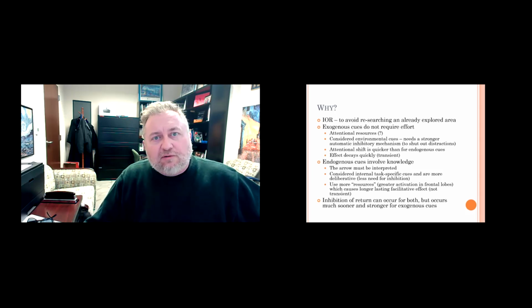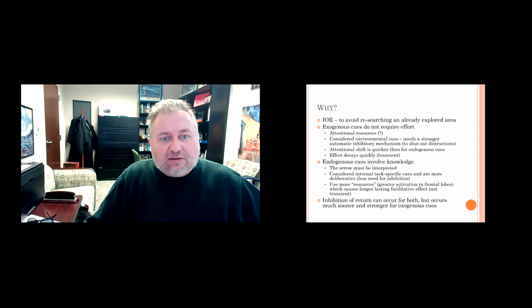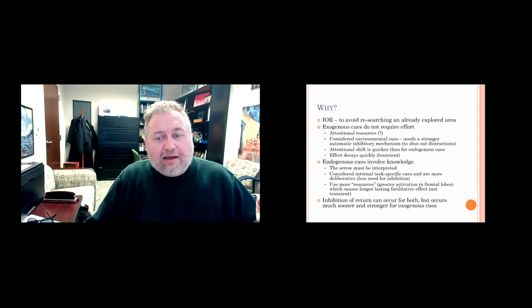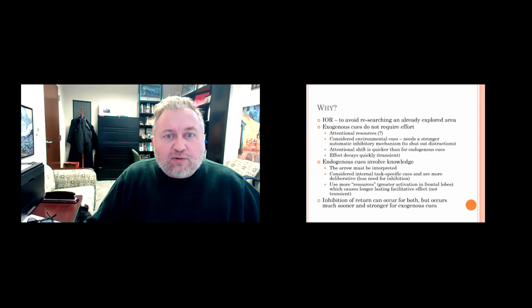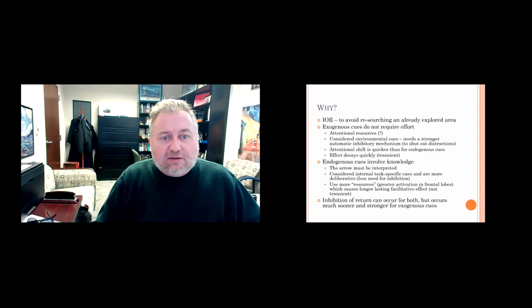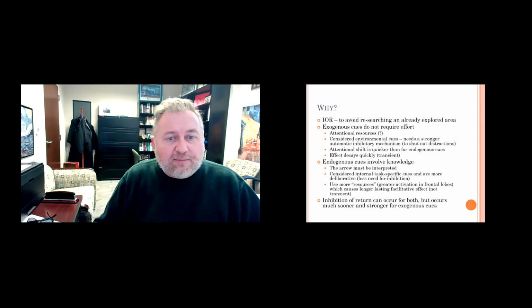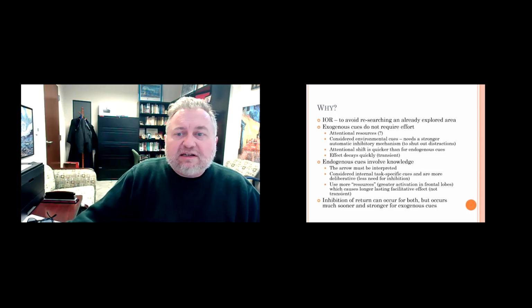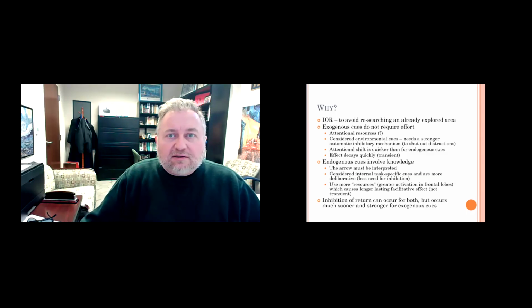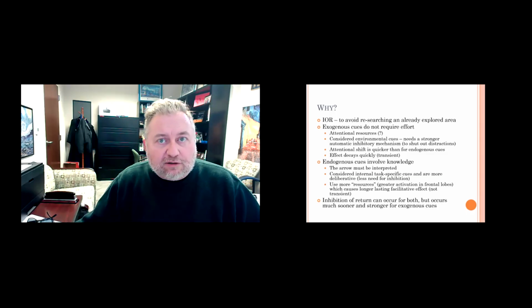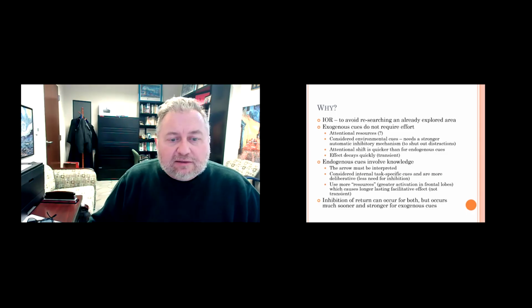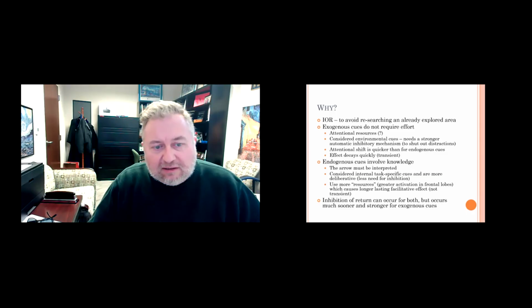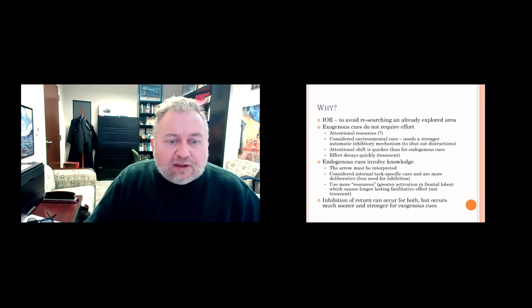So whatever cue tempted me to look in that direction is over and done with, and I've already explored this area, so I'm going to shift my attention somewhere else, right? So that's what the inhibition of return does. It prevents us from wasting effort looking somewhere where we have already looked, right? So that's what the inhibition of return is.